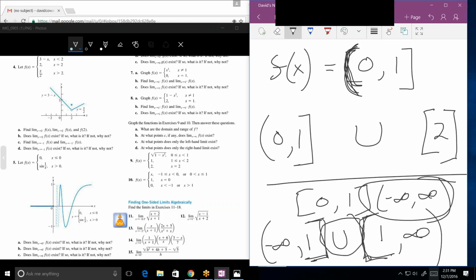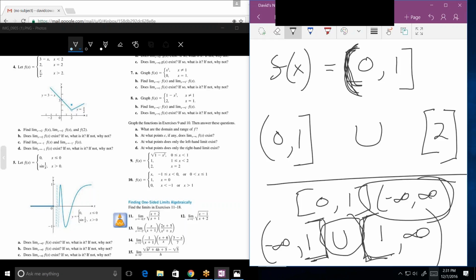Range. I would say that it's from minus 1 to 1 because it's equal to x whenever it's in that range, or it's equal to 1 when it's in that range. So it's definitely minus 1 to 1. That's the range because the third piece puts 0 in there.